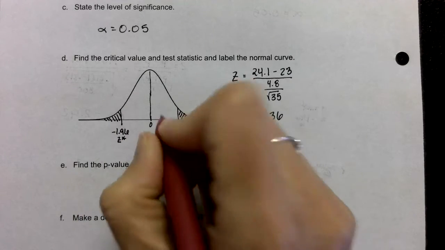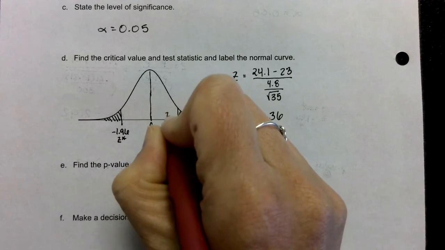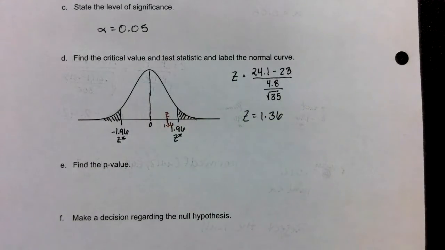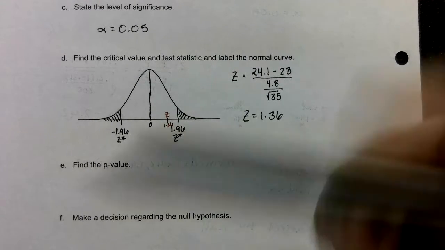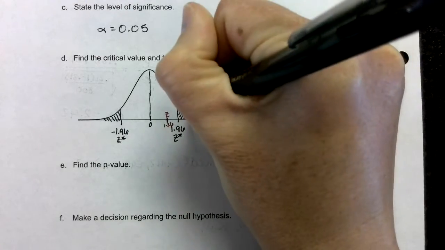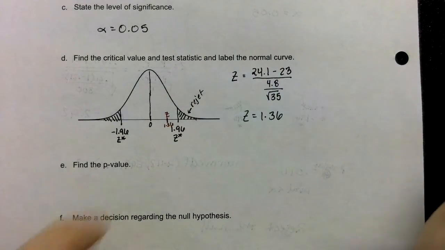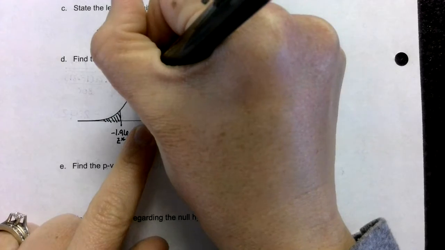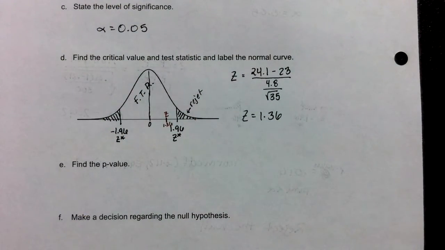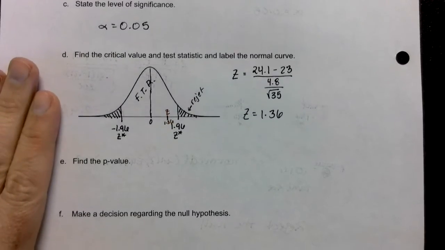So we were 1.36 standard deviations above the mean. To be unusual, we had to be 1.96, so we didn't get there. And remember this shaded area, this is where you get to reject the null. So this unshaded area is our fail to reject region. So based on this step, we are failing to reject.